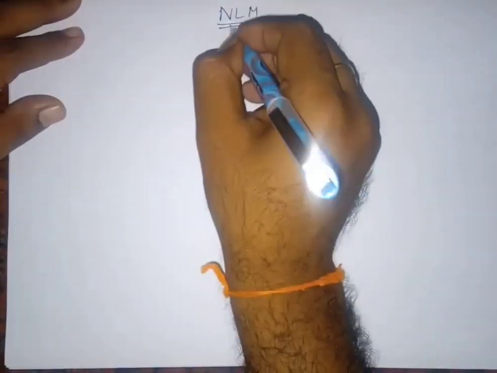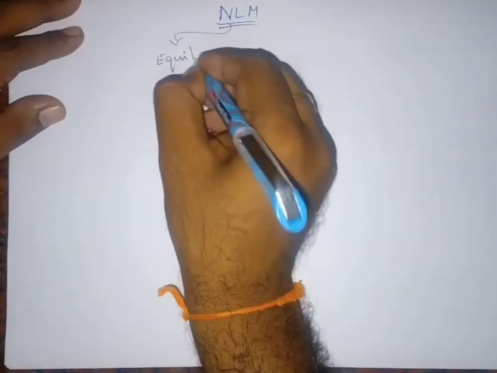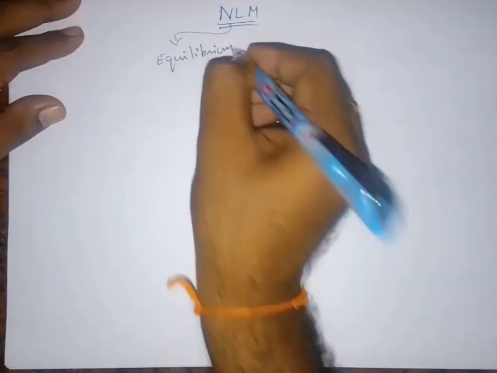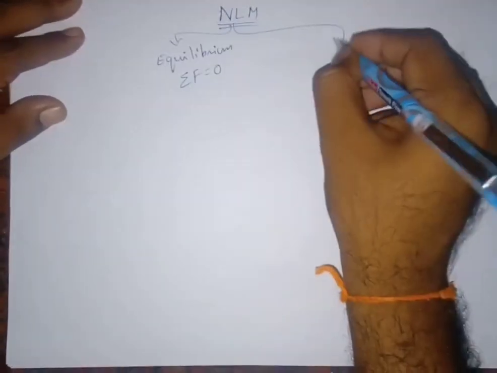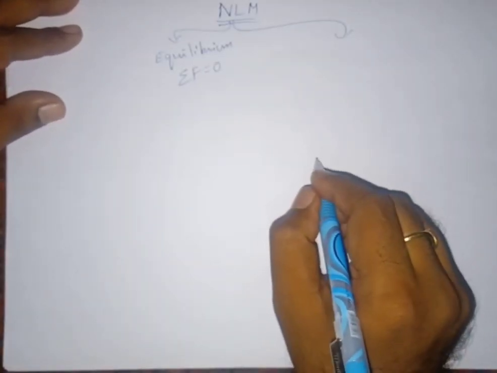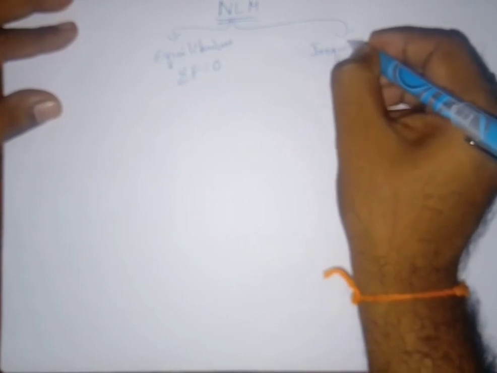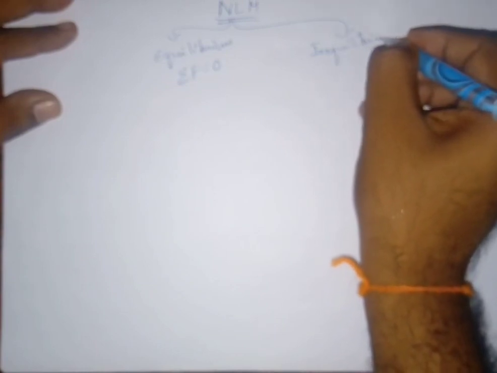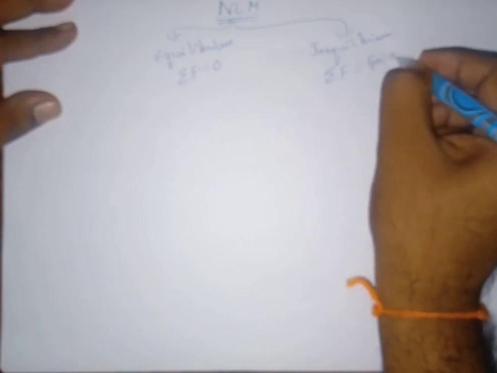In Newton's laws of motion, if the charges are in equilibrium, the total force is equal to 0, including everything, including Coulomb's force. If it is not in equilibrium, the total force is equal to mass into acceleration, according to Newton's second law.